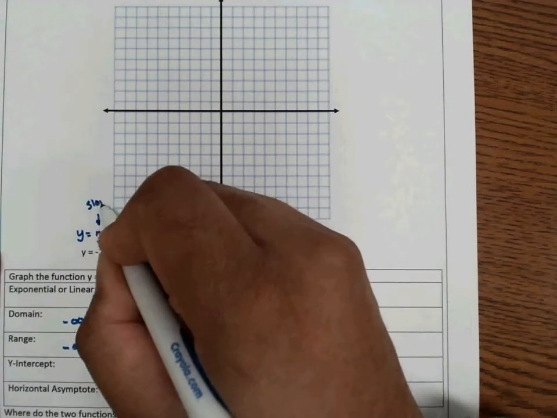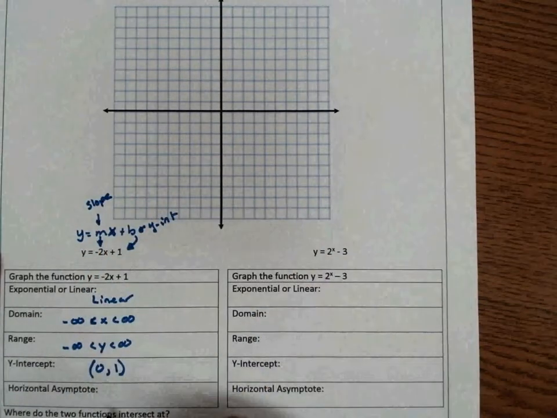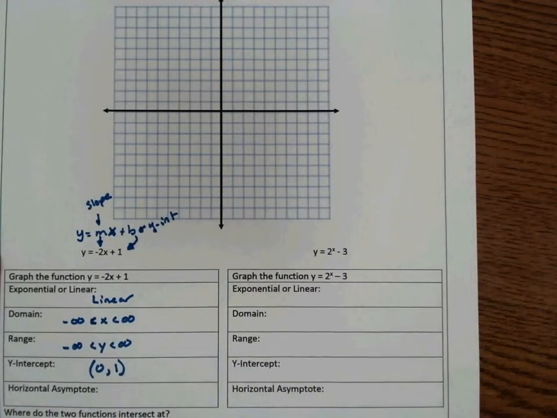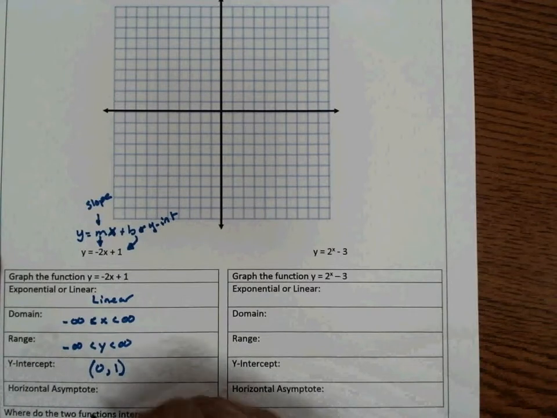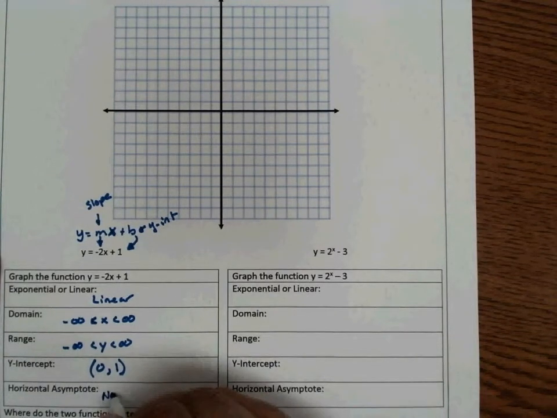Very good. So the very last thing that we have to fill in this table for this function is our horizontal asymptote. And does a linear function have a horizontal asymptote? No, it does not. So you have to write none because it does not have one.